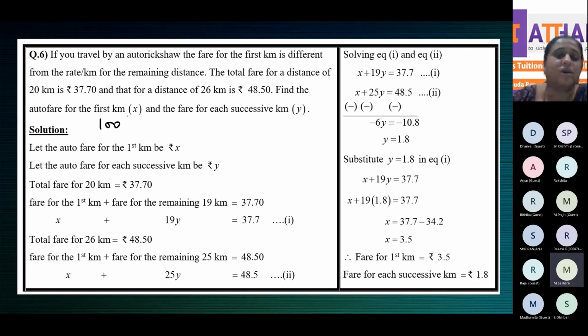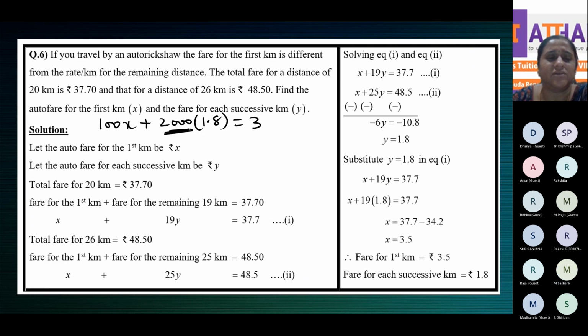Okay, 100x plus 2000 into 1.8 is equal to 3,770. That's what you have taken, 20y, is it? Yes, ma'am. It's 19y. But it is 20 kilometers, ma'am.